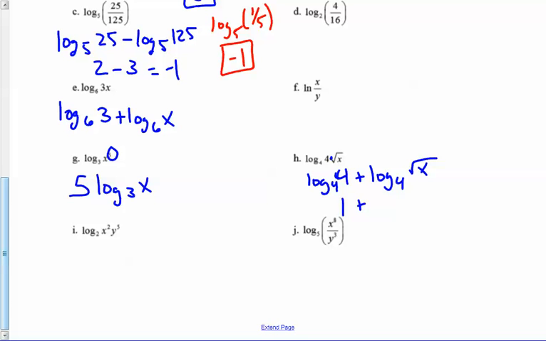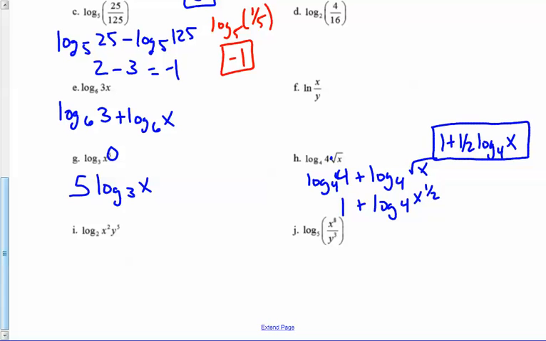And a radical is really just a rational exponent. So log base 4 of x to the 1/2, and then exponents want to come to the front. So you end up with 1 plus 1/2 of the log base 4 of x. And that's your final answer.